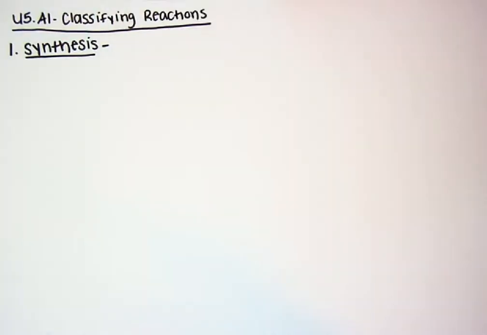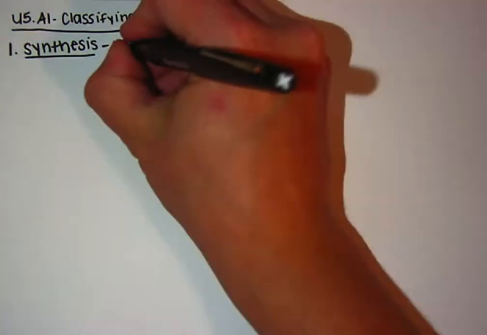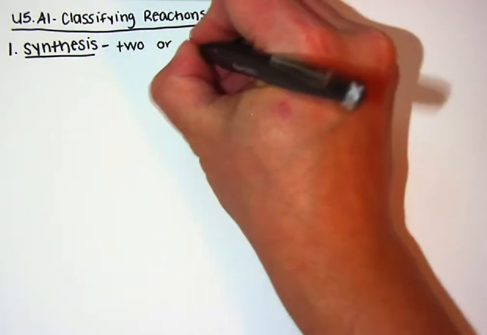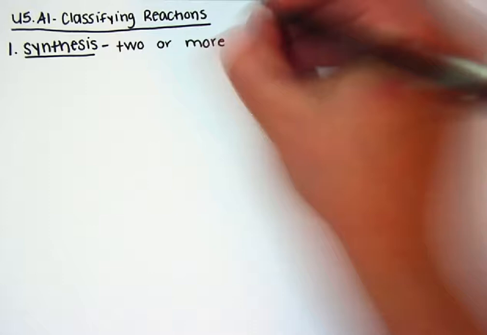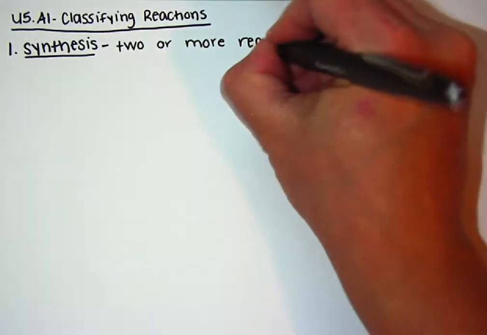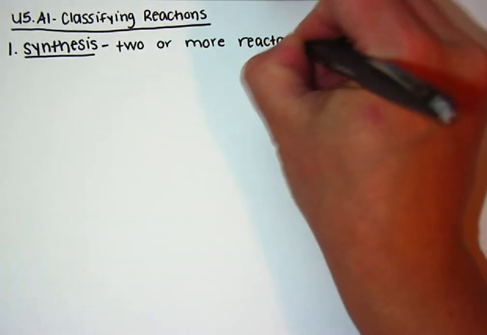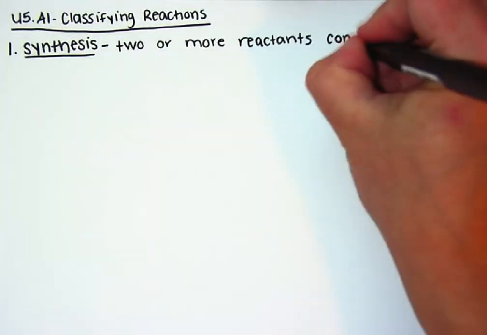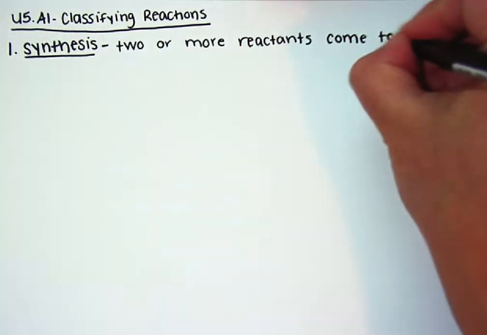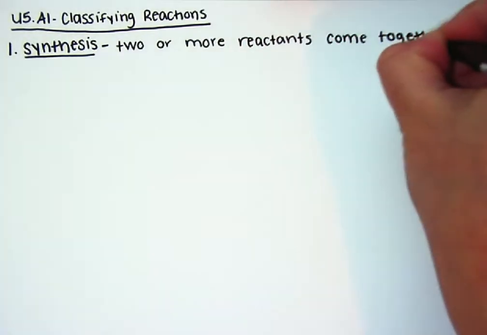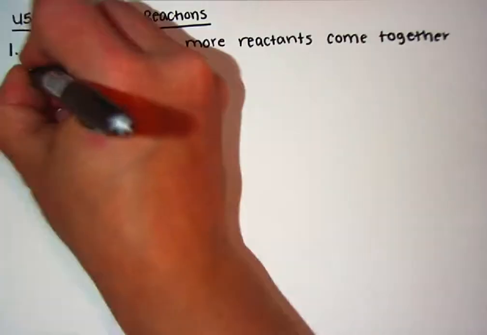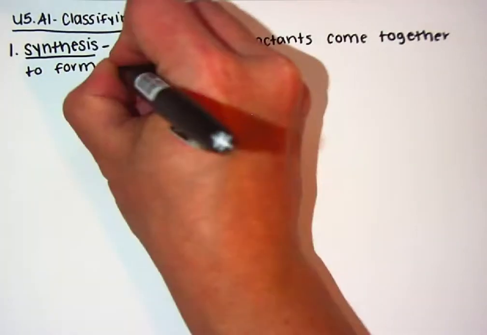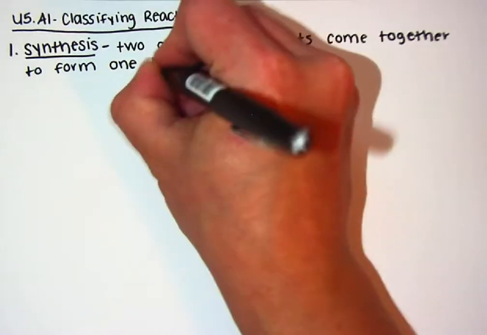Synthesis. In a synthesis reaction, we have two or more reactants, and remember reactants are on the left side of the arrow. Two or more reactants come together to form one compound.